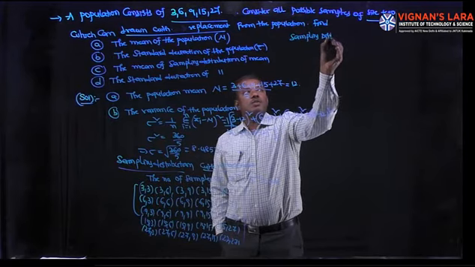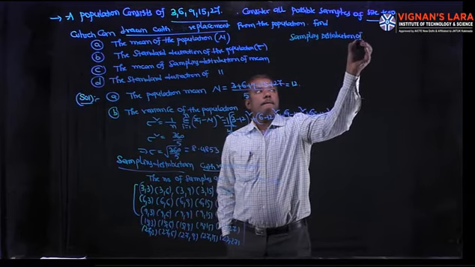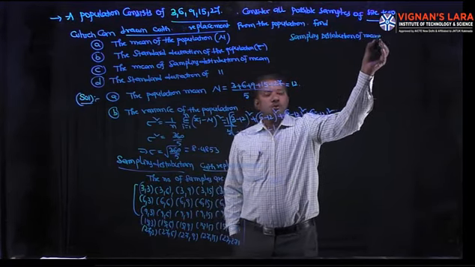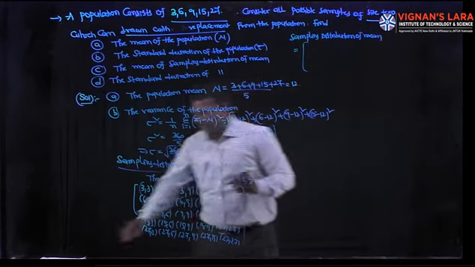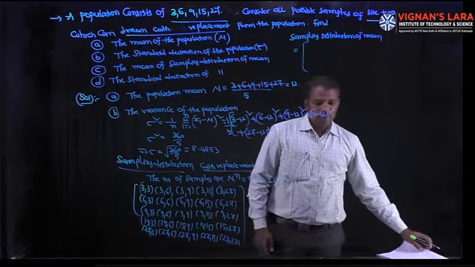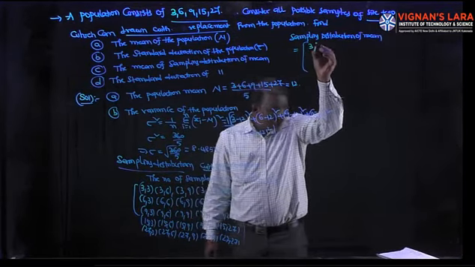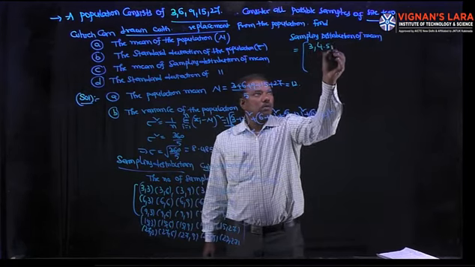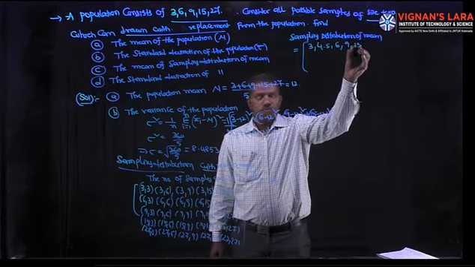Sampling distribution of mean is a collection of all sample means. 3, 3 mean: 3 plus 3 by 2, so 3. Then 3, 4.5, 6, 9, 15.